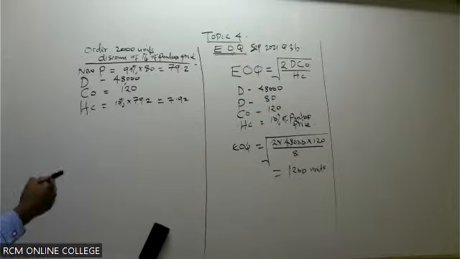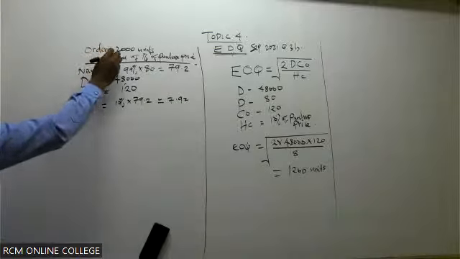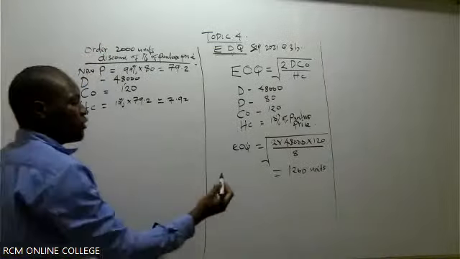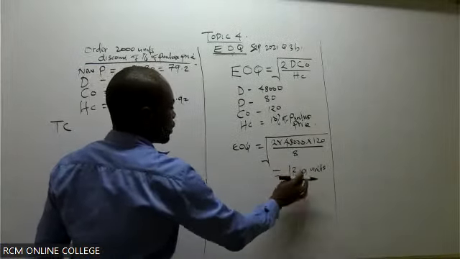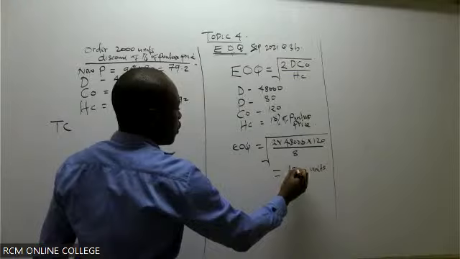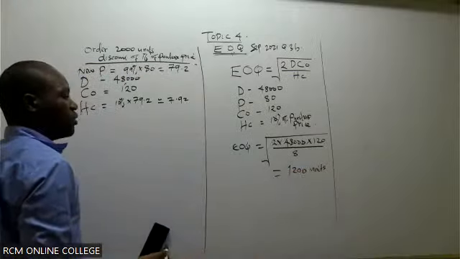Now, what they are basically asking you to do is, are you able to give us total cost when we order 2,000 units? Are you able to give us total cost when we order 1,200 units? What will be the most effective quantity for us to be able to minimize cost?